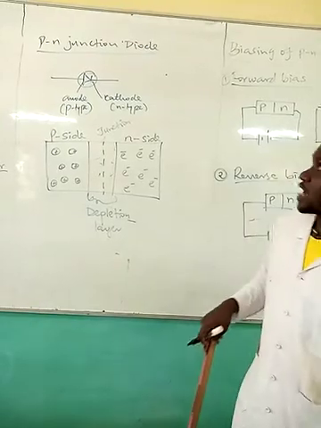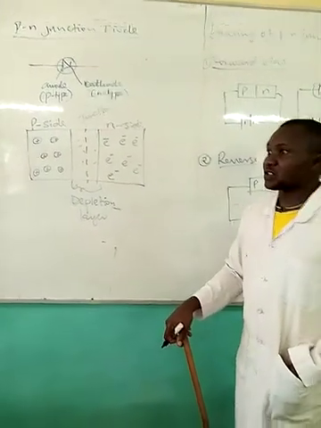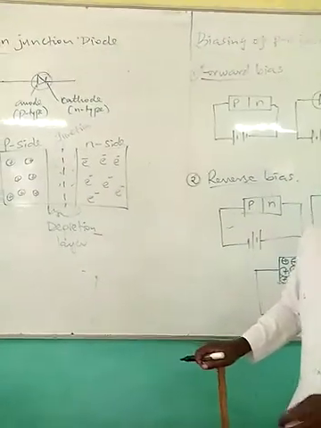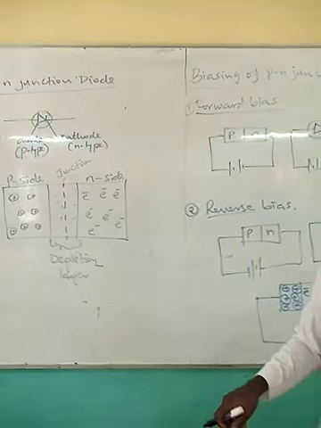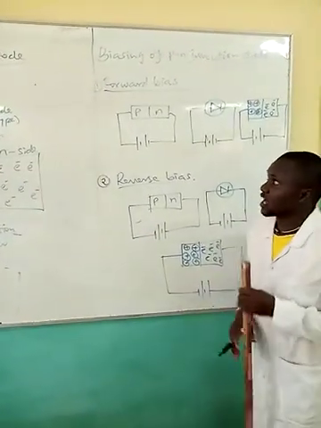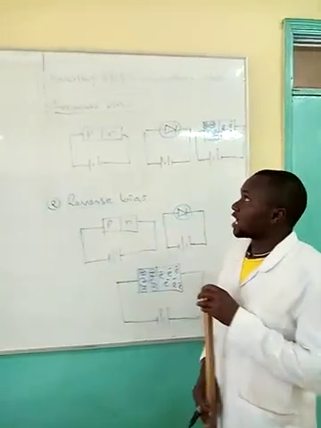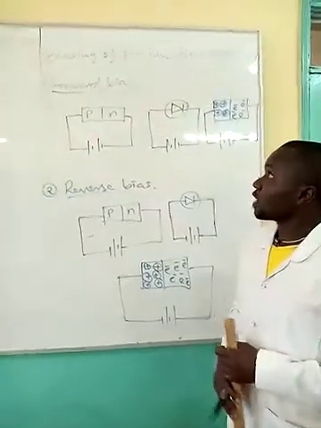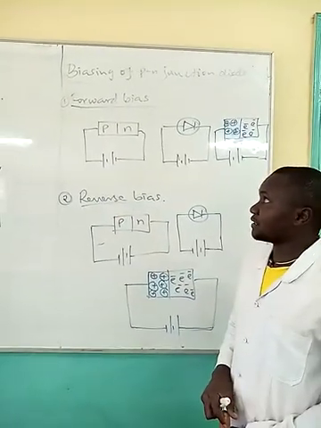Now, a PN junction diode, when connected to an external circuit or a source of power, like a battery or a cell, we form what's called biasing. Biasing is simply connecting a PN junction diode to an external source of power like a battery. And we have two types of biasing: forward biasing and reverse biasing.